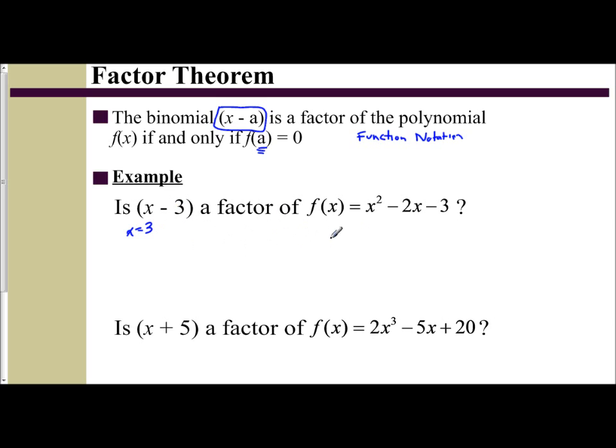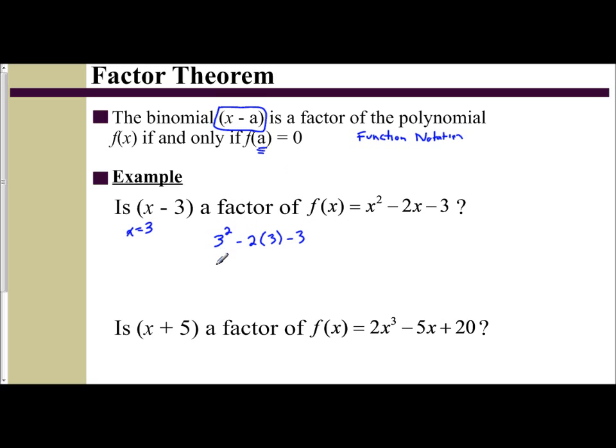So I am just going to plug 3 into my function for x. So I have x squared, so 3 squared, minus 2x, so minus 2 times 3, minus 3. If this binomial is a factor, then after I perform order of operations here, I should get 0.